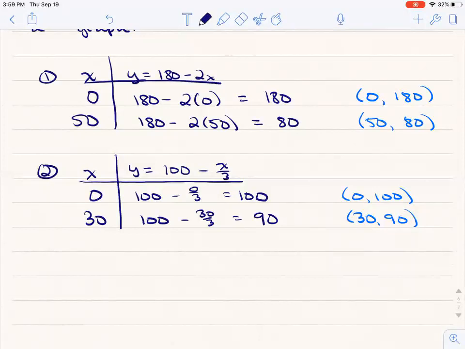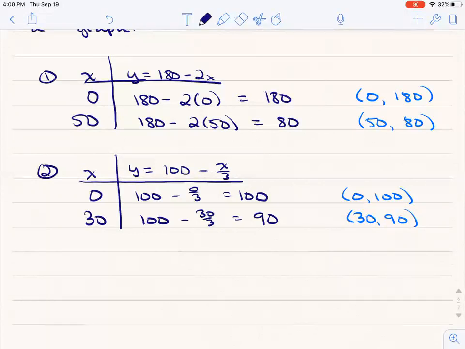I didn't do this on purpose so that we weren't doing that, just to show you how to do it. But sometimes that saves you a little bit of work later on. But for now, you can just pick any value of x.